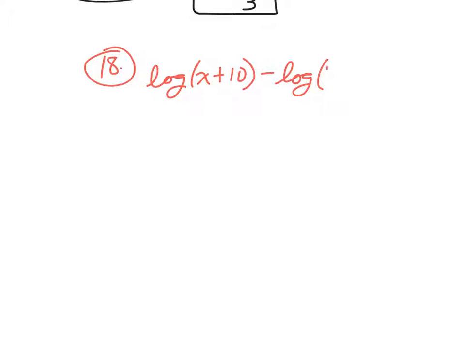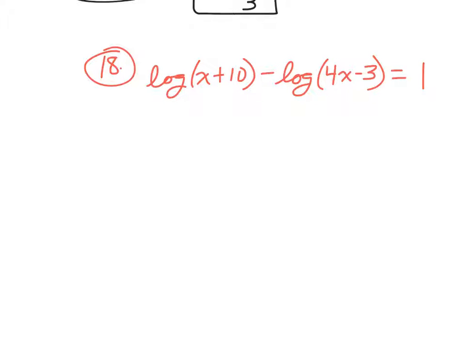Okay, now how is that problem different from number 18, which has the log of the quantity x plus 10 minus the log of the quantity 4x minus 3 equal to 1. In the beginning, it's not different.